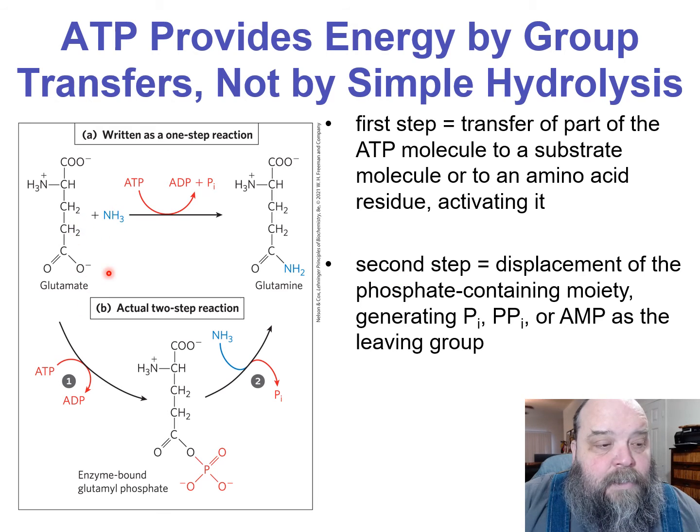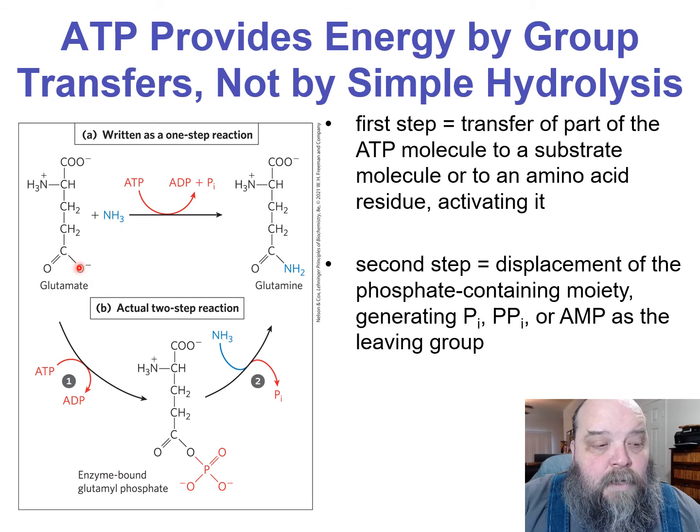So when we look at this reaction of taking glutamate, swapping out this oxygen here of this carboxyl and adding in an amine group, going from glutamate to glutamine, you'll see it in many books. It's glutamate plus ammonia, some energy from ATP, and you have glutamine. When in actuality, it's a multi-step process.